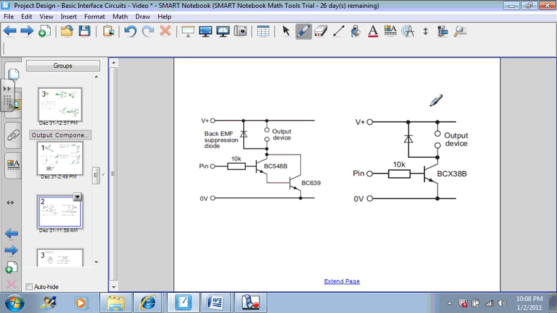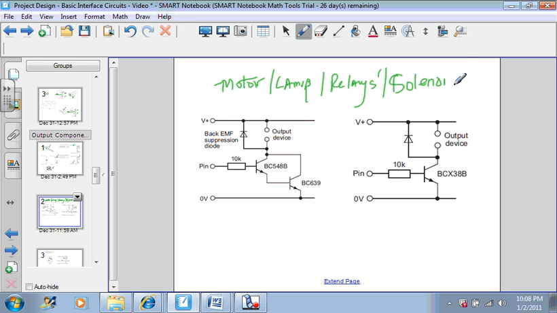Here are two common circuits that are used to drive high current devices, such as motors, lamps, relays, solenoids, and other high current devices.